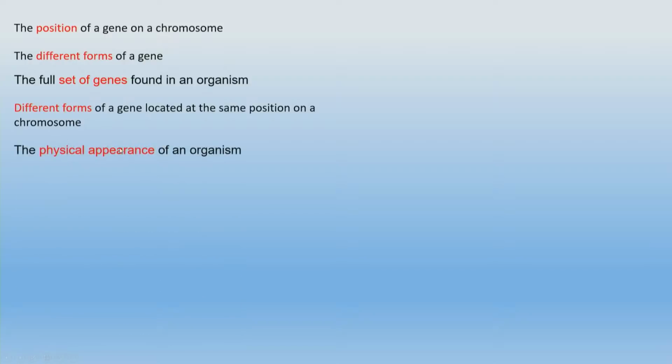The physical appearance of an organism is its phenotype. The number, shape and arrangement of all the chromosomes is called the karyotype. So just look at the difference: the full set of genes is a genome. The full set of chromosomes arranged according to their number and shape, that is the karyotype. So there's a difference.